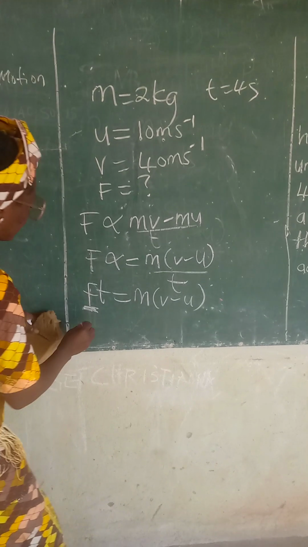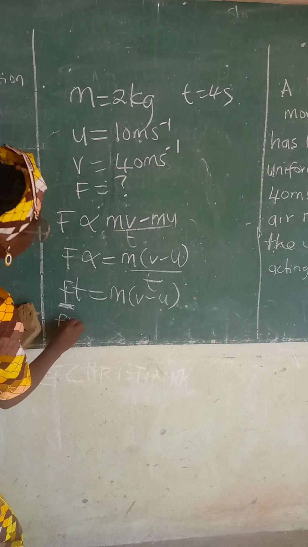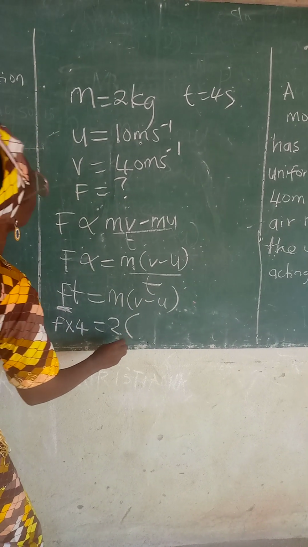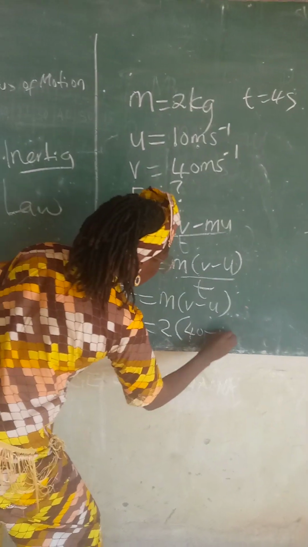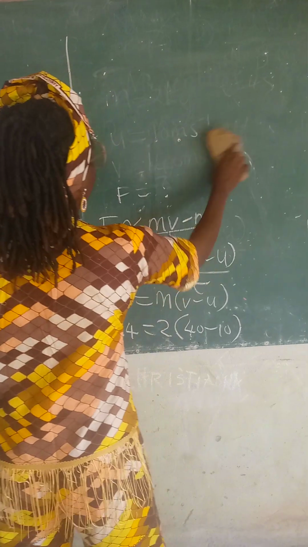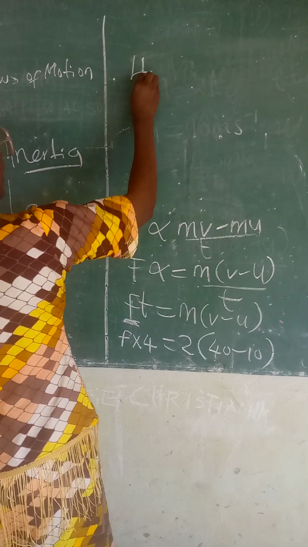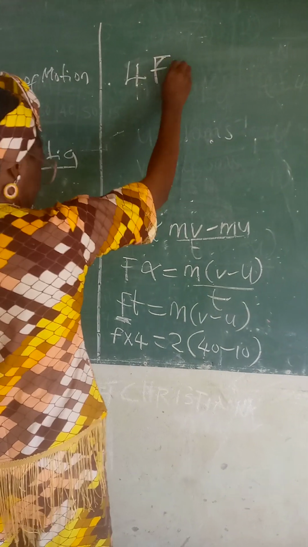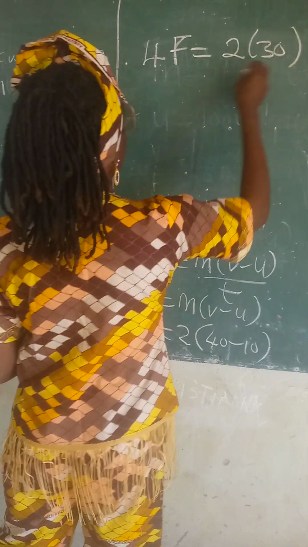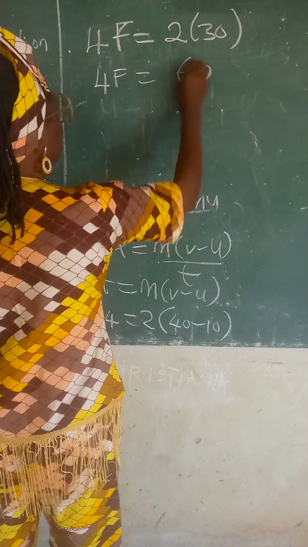So if you put our parameters into what we have here, we have F times 4 is equal to mass, which is 2, into what? 40 minus 10. Is that okay? So we have 4F is equal to 2 times 30, which is 60.